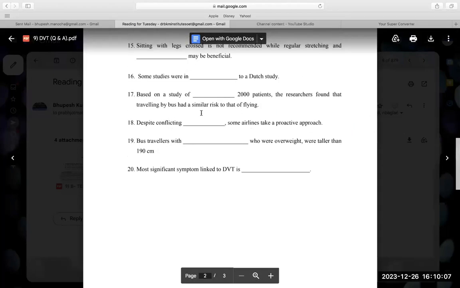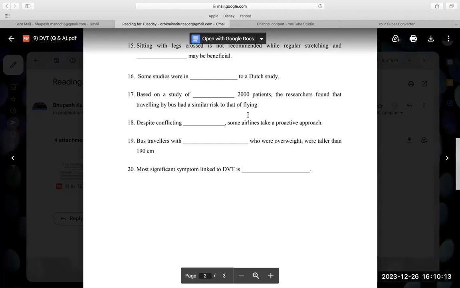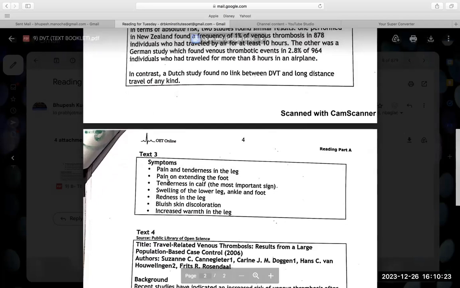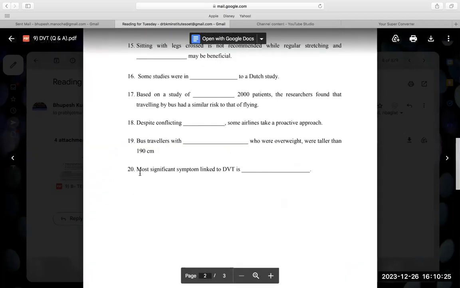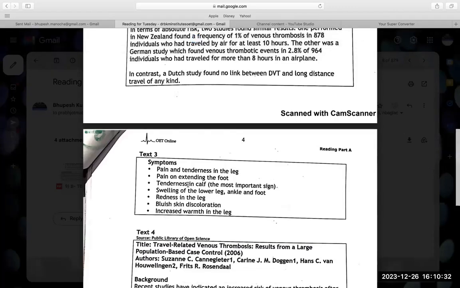What I did, again I'm telling you, is I did not do this question, which was hard. Otherwise, it is going according to the prepositions, in, of. Then the most significant symptom linked to DVT is, symptom word was given over here. So now I have to fit in the word. The most important sign is tenderness in the calf.